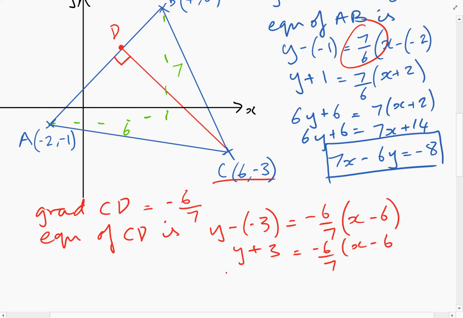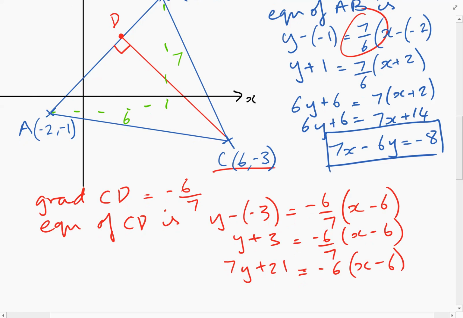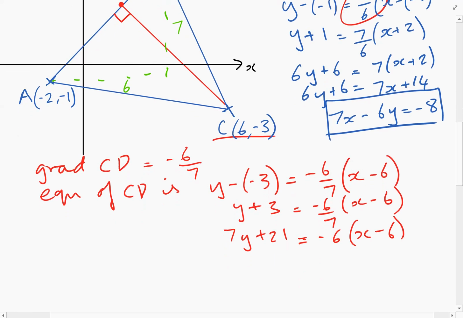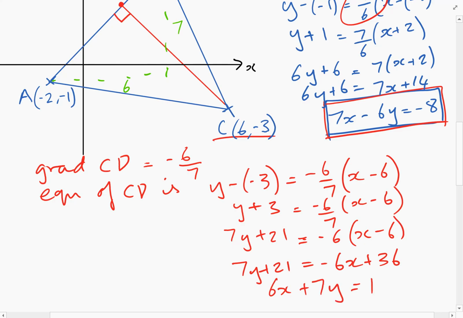Multiply everything by 7 gives 7y plus 21 equals minus 6x plus 36. And if we get it into the form like the one up here, to make it easier to solve, we will get 6x plus 7y equals 15.